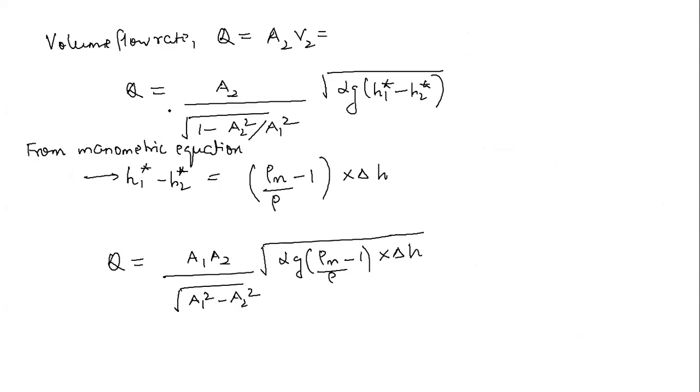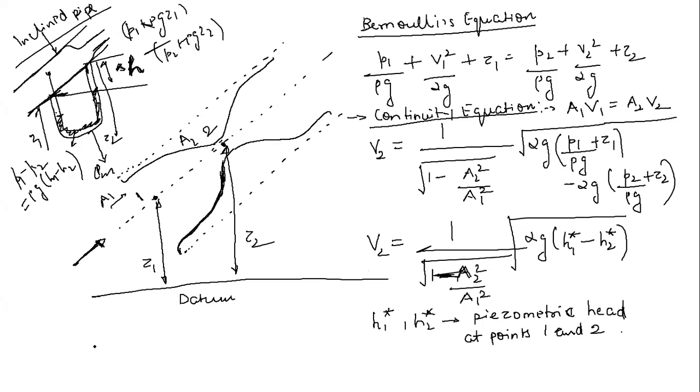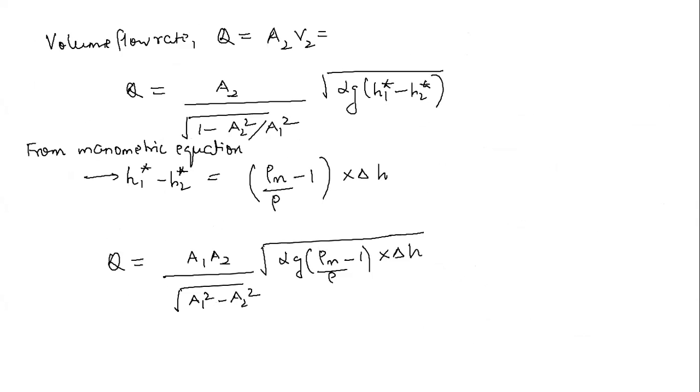Then you need the density of the fluid in the pipe and the density of the manometric fluid. You install a differential manometer at this point, measure this difference and find out the flow rate.